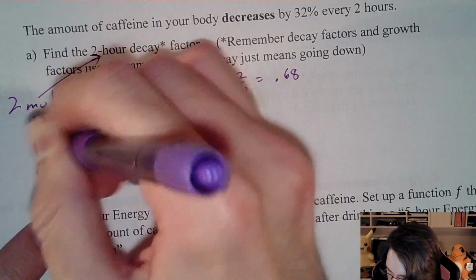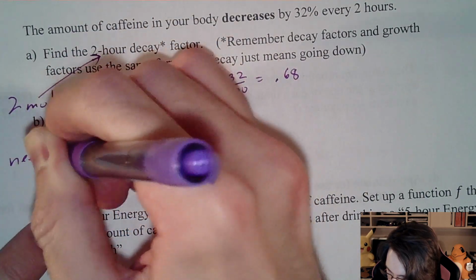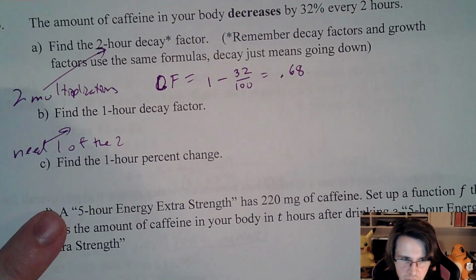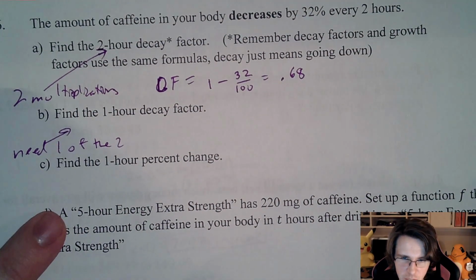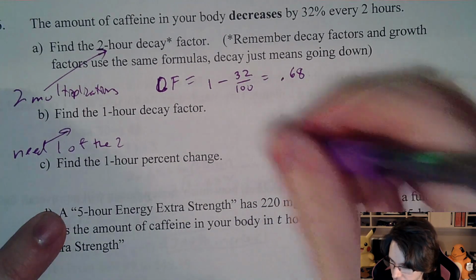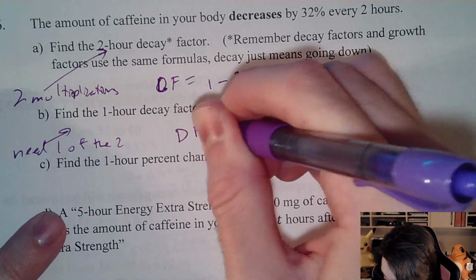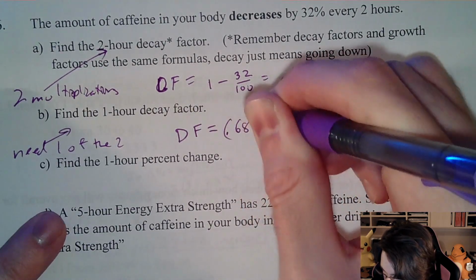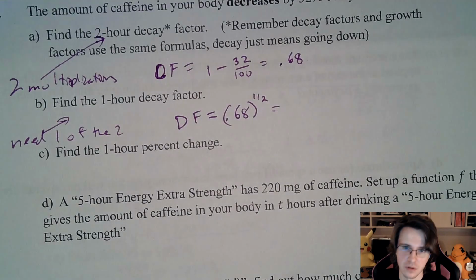Because you need one of the 2, that is a fractional exponent, 1 out of 2. So the correct decay factor for 1 hour is going to be 0.68 raised to the 1/2 power.